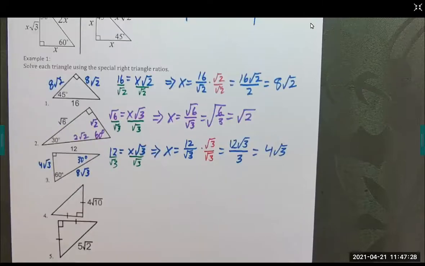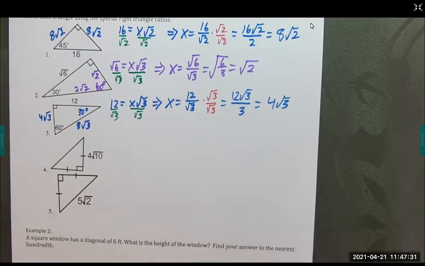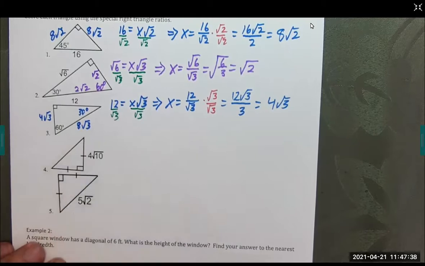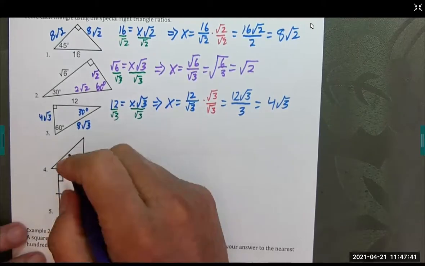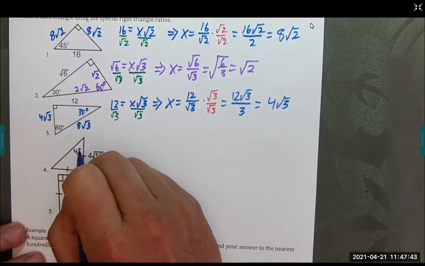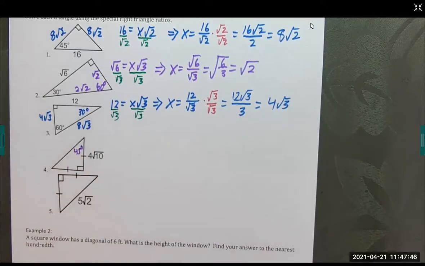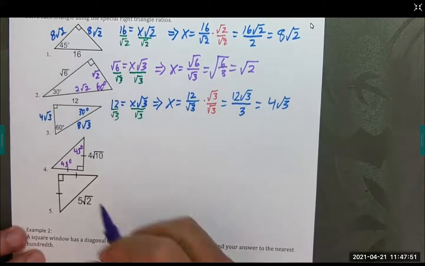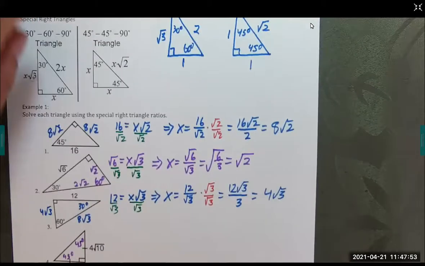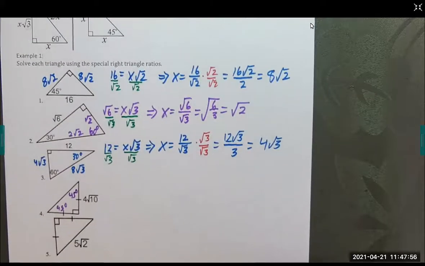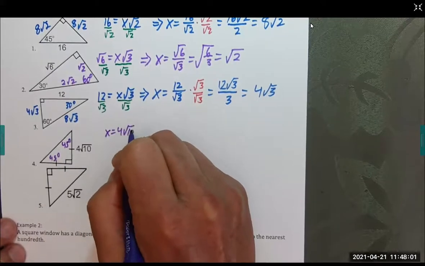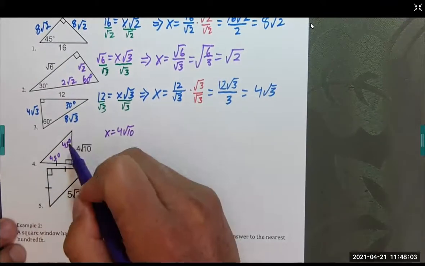A couple more examples. So here we have, it doesn't say what the angle is. However, because it's an isosceles triangle, meaning two of the sides are the same length, this implies that this has to be a 45-45-90 triangle. So this is also 45 degrees. The side opposite to 45 degrees is x. So we have that x in this case is 4 root 10. So this side is the same as this one, 4 root 10.